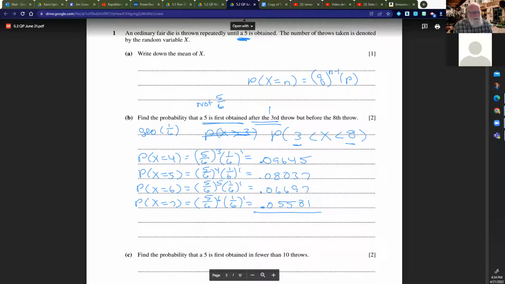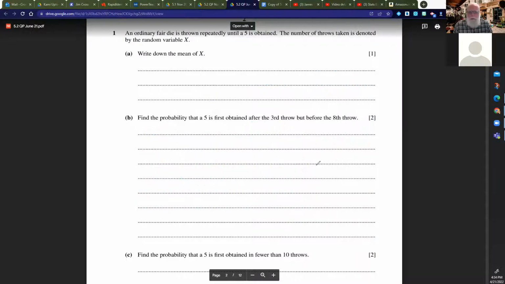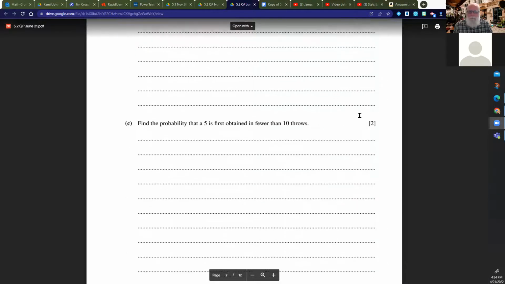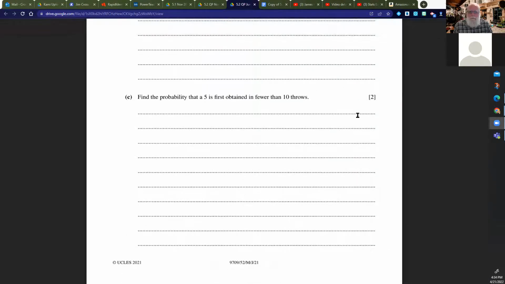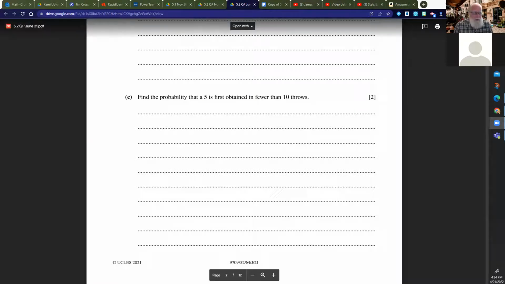All right, so then tell me about this next one. That would be a binomial distribution. Why do you say that? Because there are a set number of trials. Exactly. All right. So now what's happening is that to find the probability that a 5 is first obtained in fewer than 10 throws.